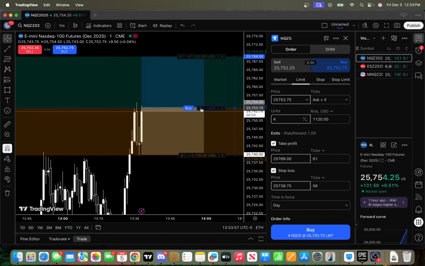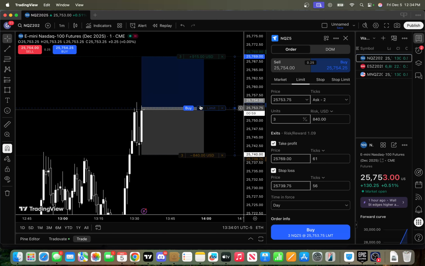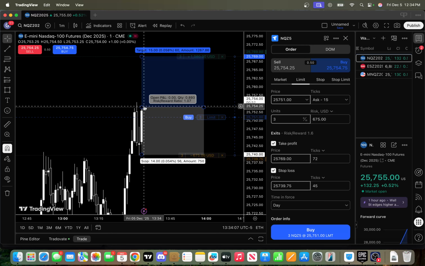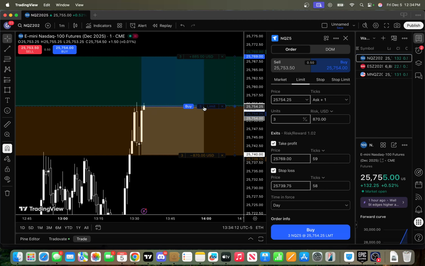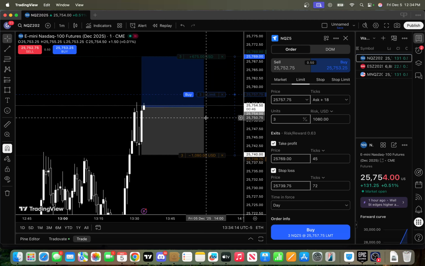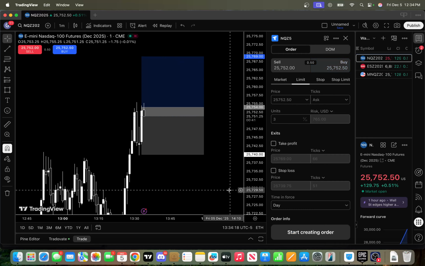So 5 seconds left. Okay, 1,120. That's too much. I'm going to do 3, and then you have to put this above, and then you enter. If you put this below, it's going to have to retrace to get you into the trade. But if you have it above, it'll already fill you in. That's how that works.